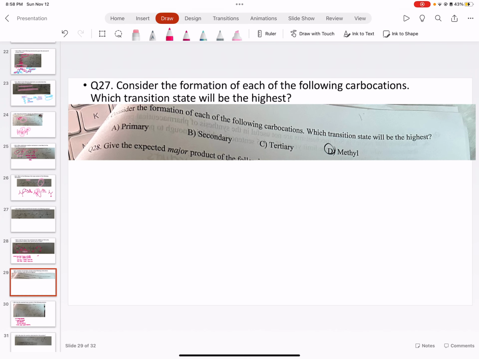So question 27. Consider the formation for each of the following carbocations. Which transition state will be the highest? We have to think about it this way. Carbocation stability goes from benzene to resonance to primary to secondary to tertiary.